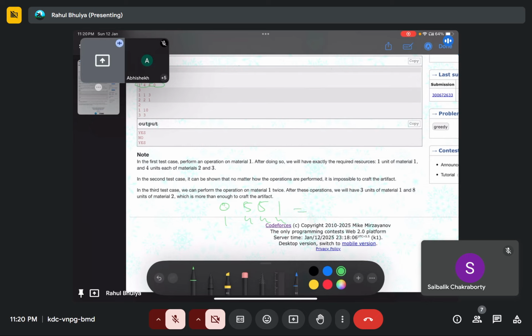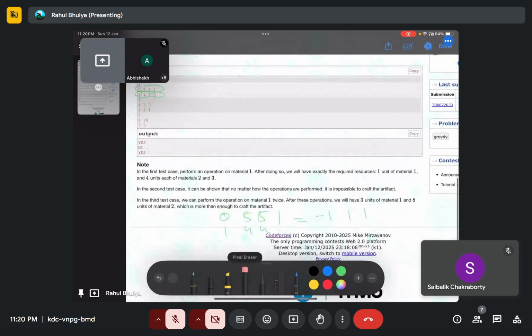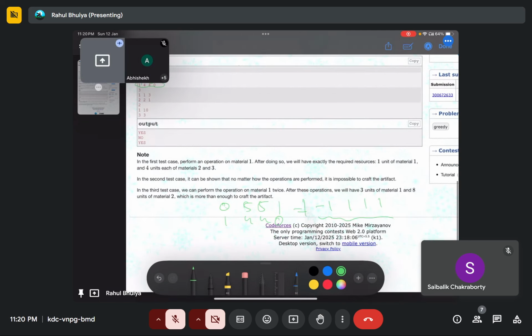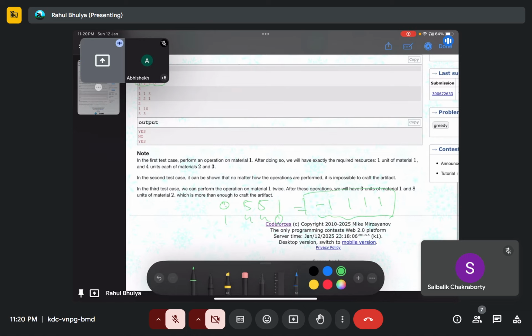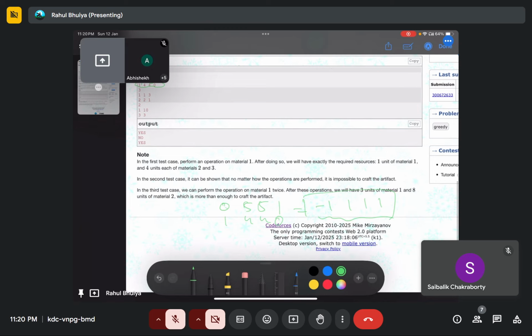So the difference array will look like this: -1, 1, 1, and this one is 0, and this is also 1. Then I am sorting this array. Why do I want to sort? I will tell you later why I sort. This is a sorted order.